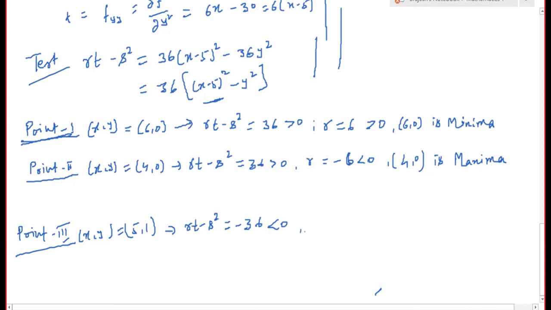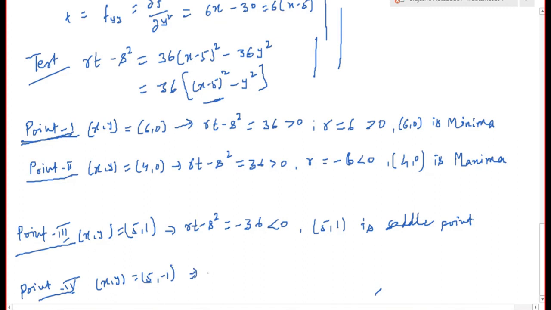If it is less than 0, your point 5, 1 is a saddle point. In the same way, for the point 4, xy is equal to 5, minus 1, again we get RT minus S square as minus 36, which is less than 0. So 5, minus 1 is also a saddle point.